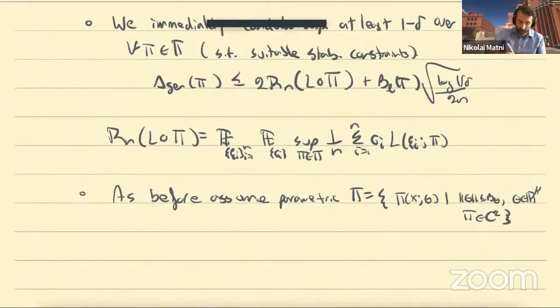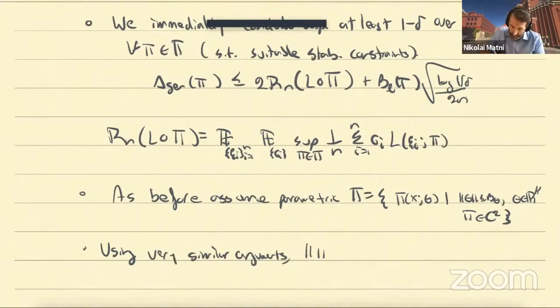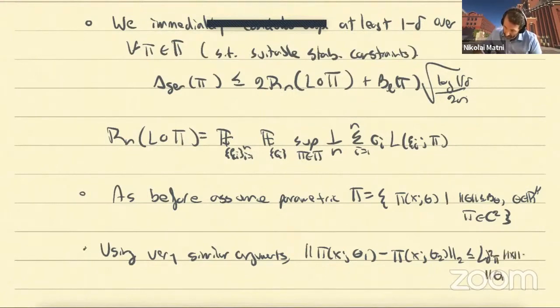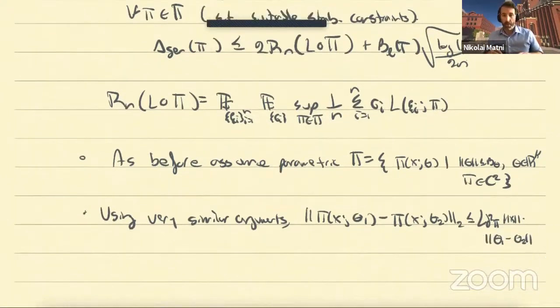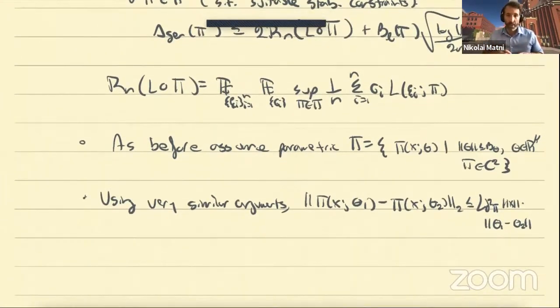Okay. Using very similar arguments, we can show, as we did before, that we can go through the same step, that this map from theta to pi is itself Lipschitz. Right, just as before. This is exactly the same bound. It's just where we replace f with pi, and it's exactly the same thing.